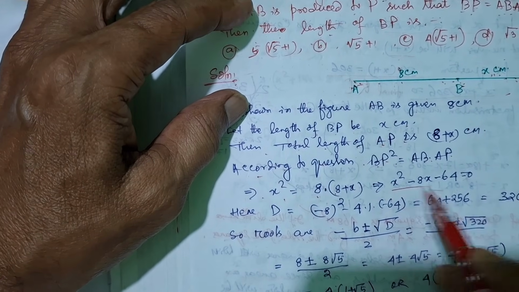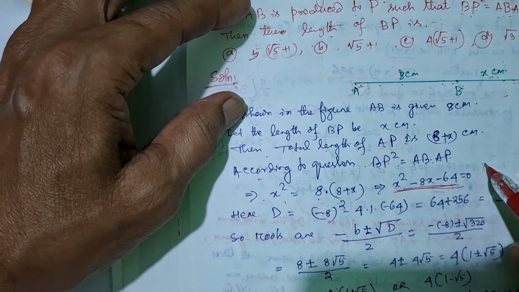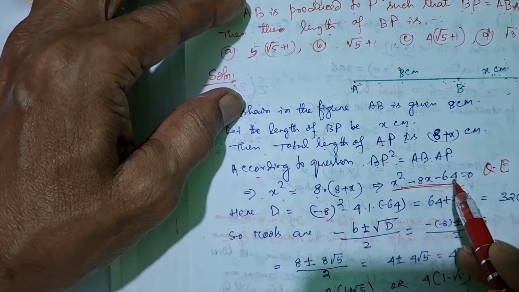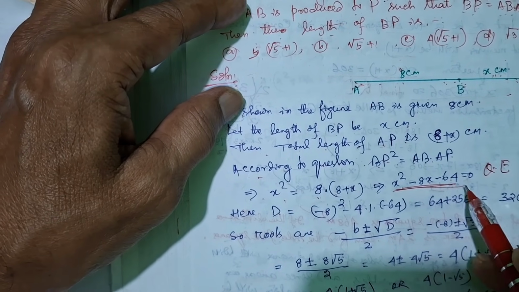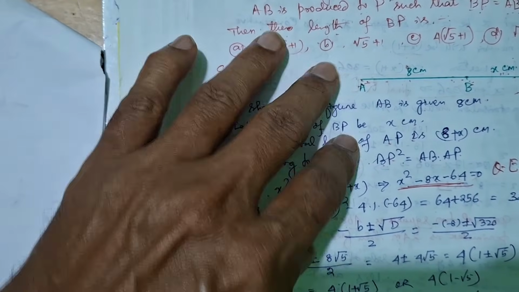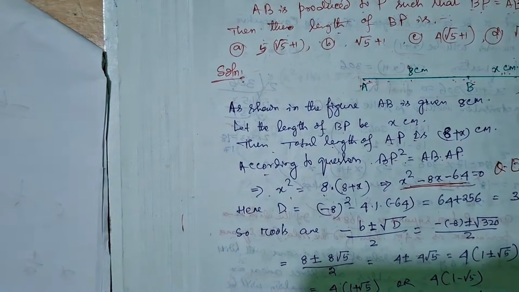Now you get a quadratic equation. You just apply the D formula because it is a bigger number. You can also factorize, but for the timing, take whichever is easier.